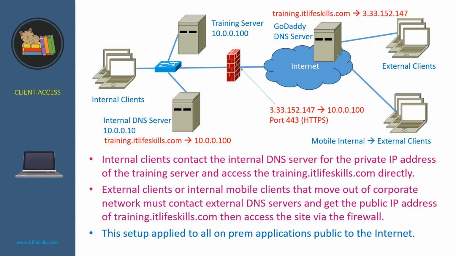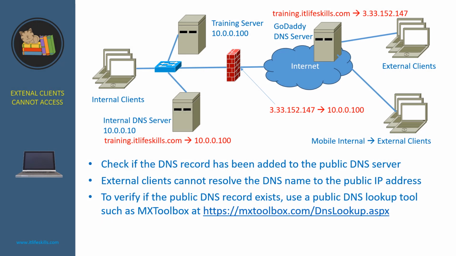External clients or internal mobile clients that move out of the corporate network must contact the public DNS server and get the public IP address of training.itlifeskills.com and access the training server via the firewall. This setup applies to all on-prem applications public to the internet.